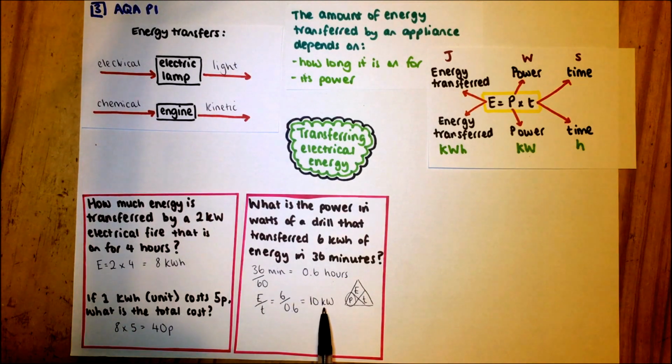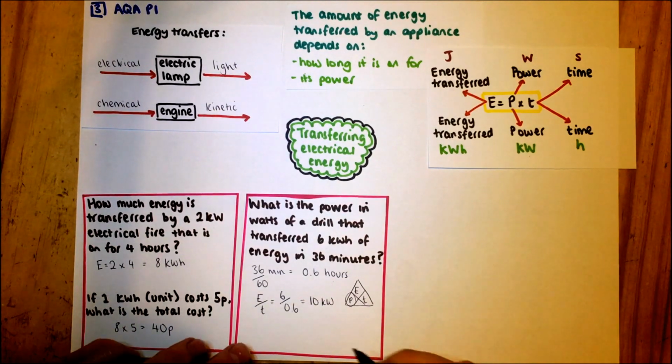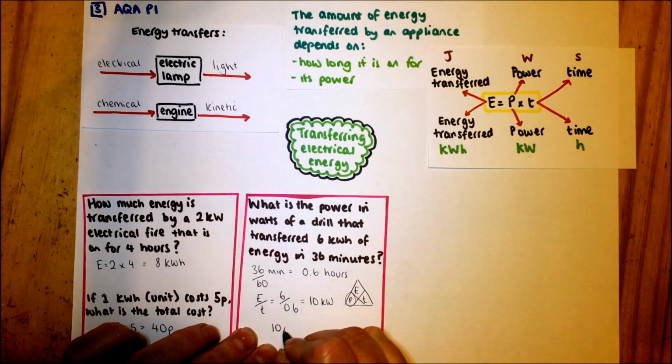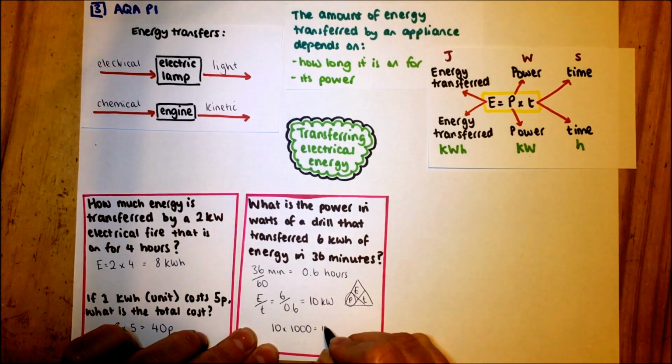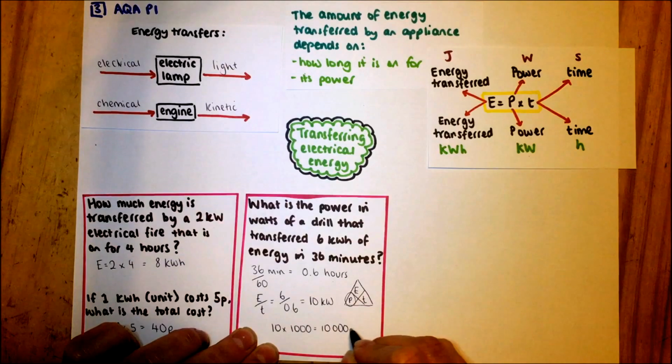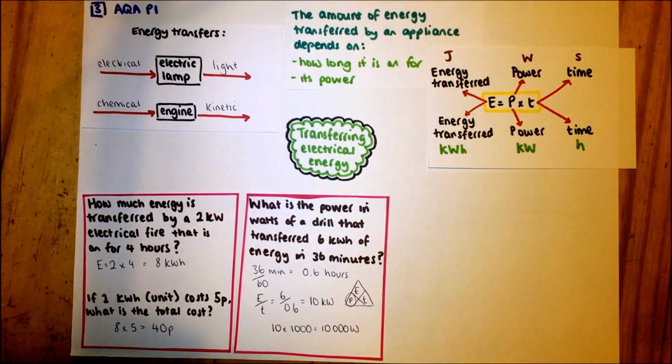To get from kilowatts to watts, we need to multiply by 1,000. So 10 times 1,000 would give us 10,000 watts. Okay, so that's the power in watts of the drill that transferred 6 kilowatt hours of energy in 36 minutes. So that's the answer there for that one.